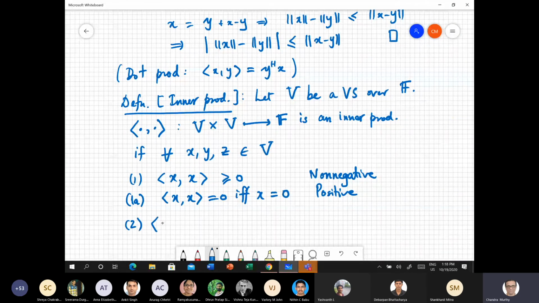Linear in the first argument: the inner product of x plus y with z equals the inner product of x with z plus the inner product of y with z. This is also called the additivity property.